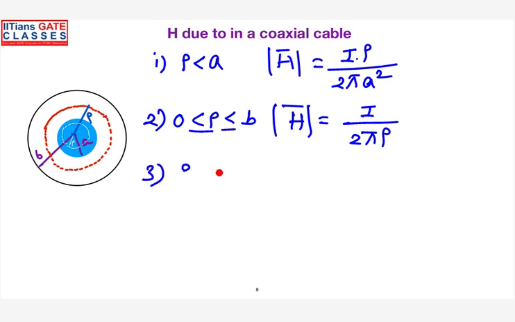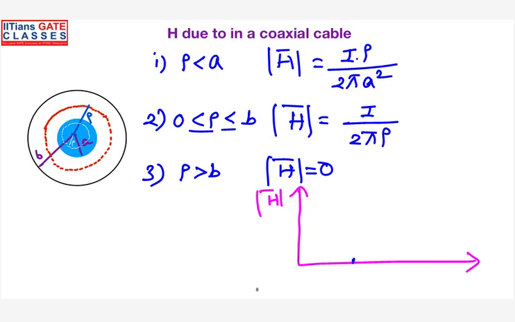So what will happen when I draw the profile here? This is my radial direction and this is my magnitude. Let me say this is the rho axis. Consider that. This is my inner conductor boundary and this is my outer conductor boundary.